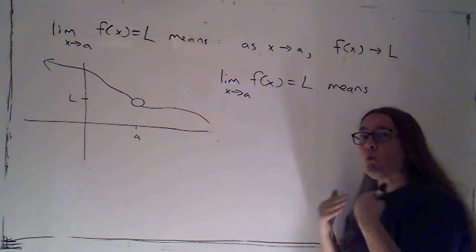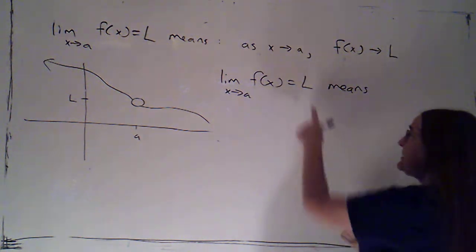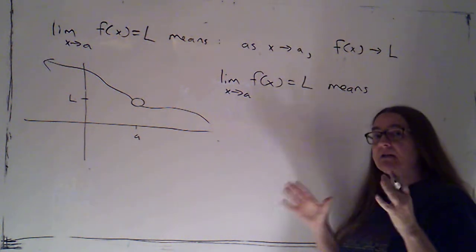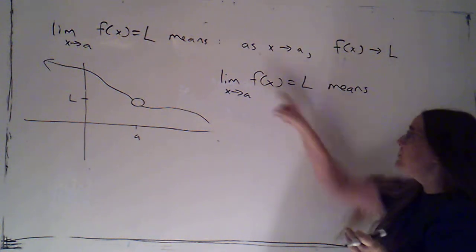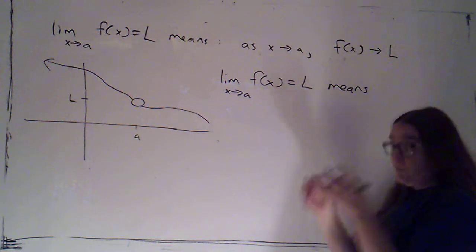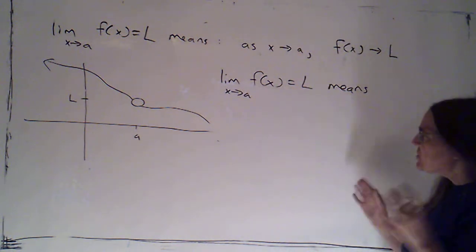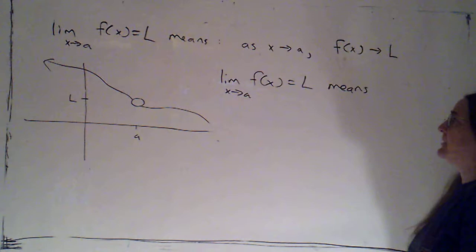The limit is saying what y value do I expect. So if I'm claiming that the limit is L, that means I'm trying to claim that the y value f of x gets arbitrarily close to L. Now, the reason that happens is because x is getting close to a. But I'm going to start out by talking about my y values.